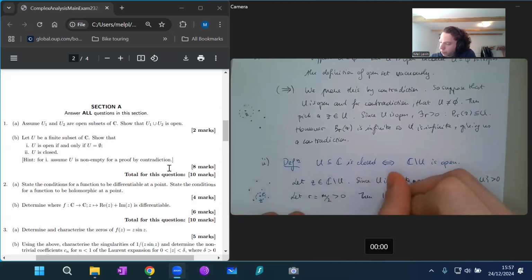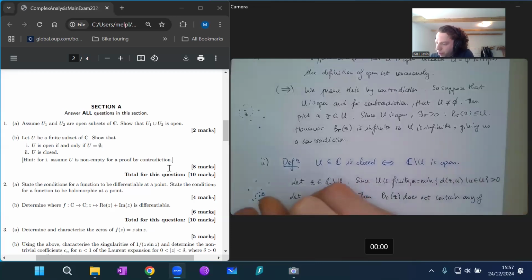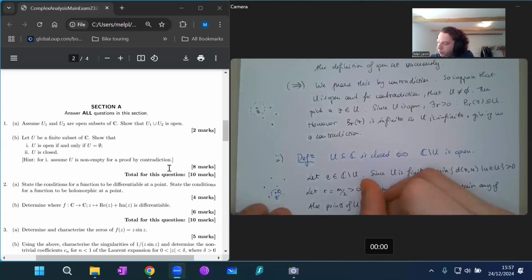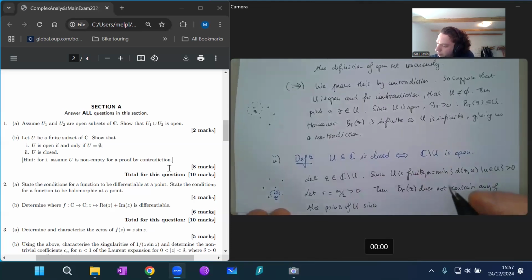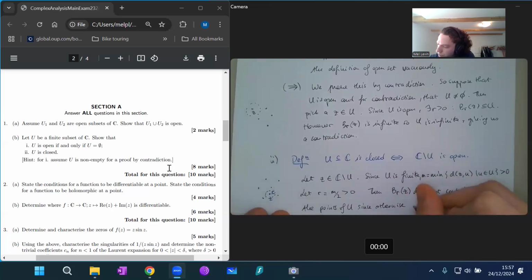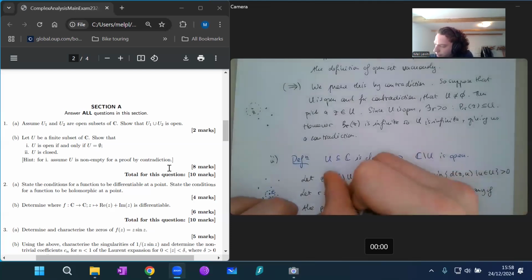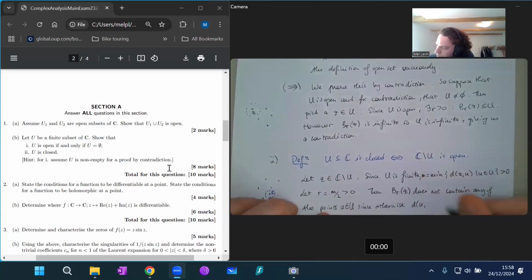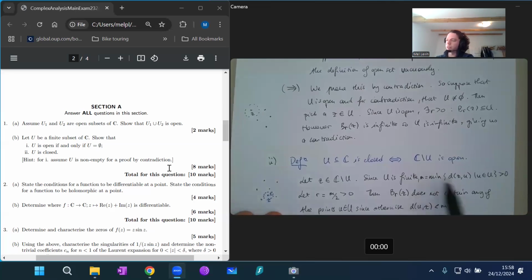Then of course B_R(Z) does not contain any of the points u in U, since otherwise the distance between u and Z would be strictly less than m, which is obviously nonsense since m is the minimum.